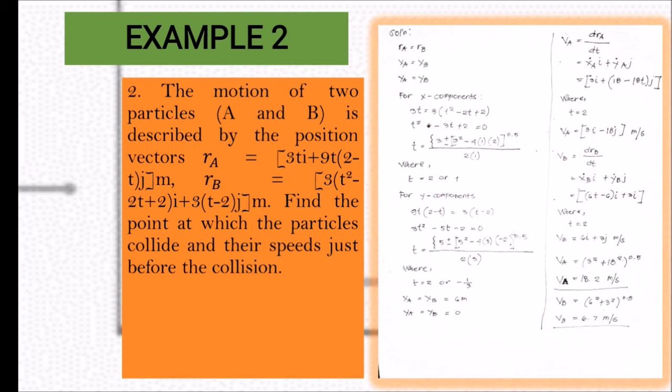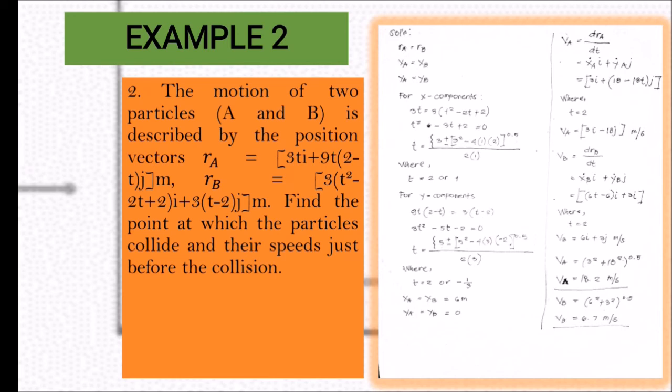So here's our solution. The r sub A is equal to r sub B, then x sub A is equal to x sub B, then y sub A is equal to y sub B. Okay, for our x components, we have 3t is equal to 3 times t squared minus 2t plus 2. Then, arrange natin into equation.